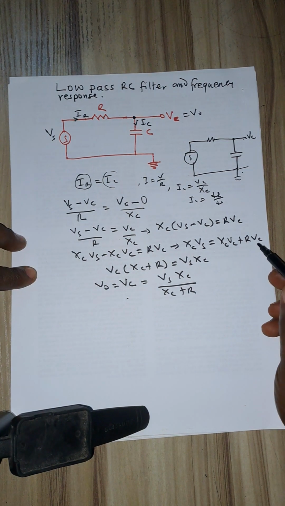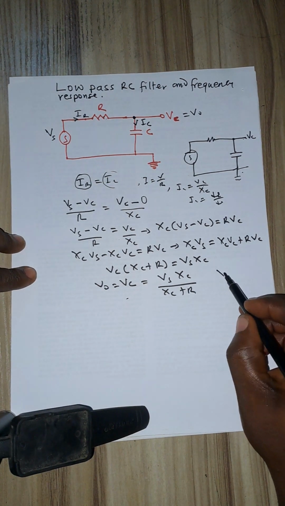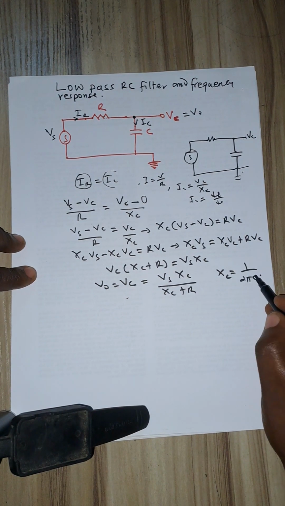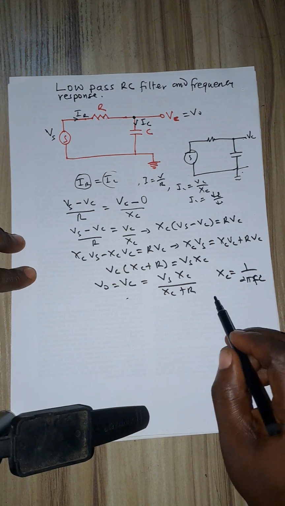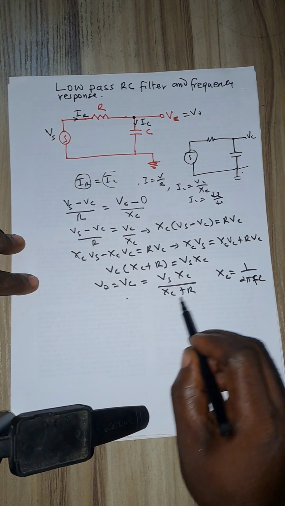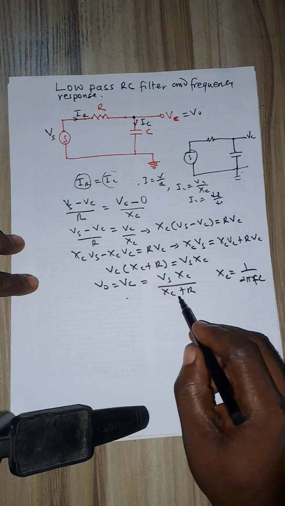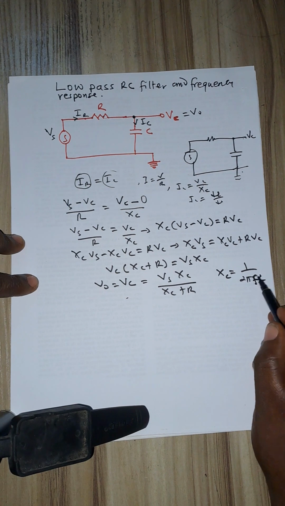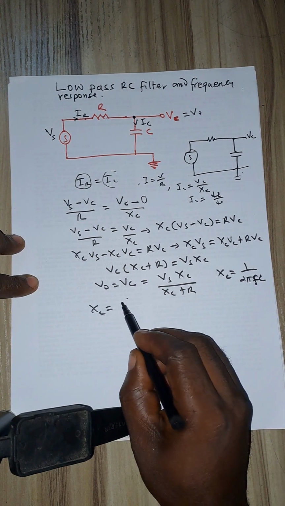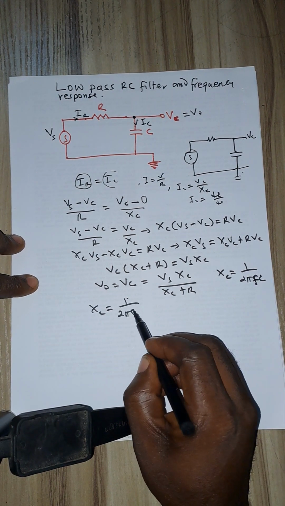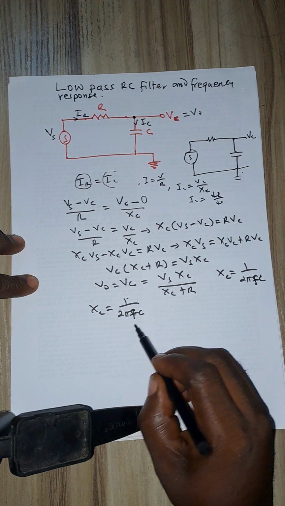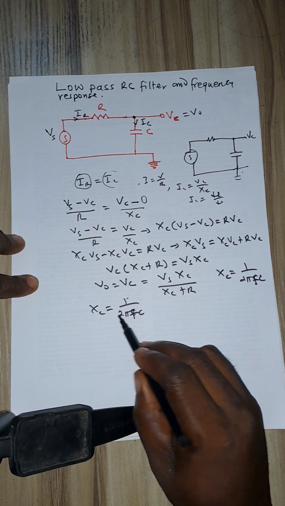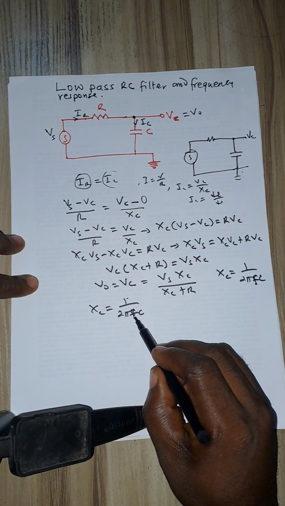Now, basic physics teaches that capacitive reactance Xc is 1 over 2 pi f C, where f is frequency. So literally, the capacitive reactance varies inversely with frequency.